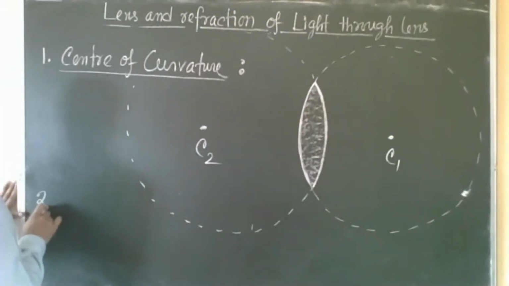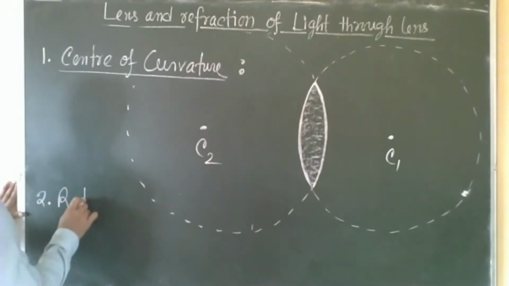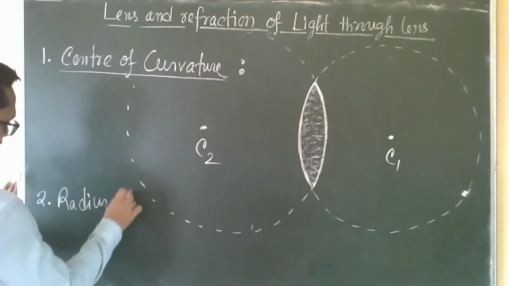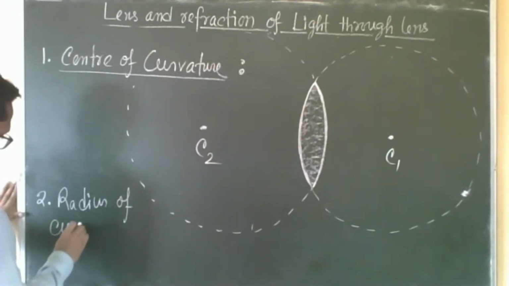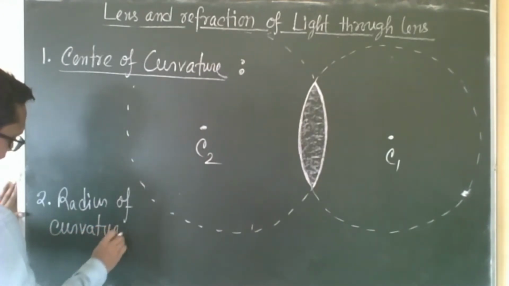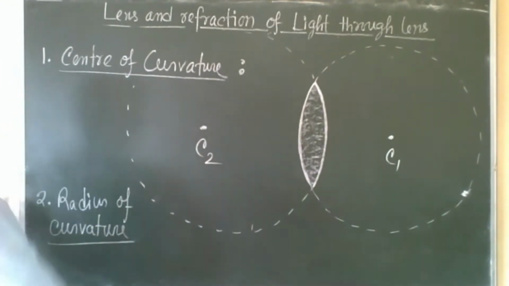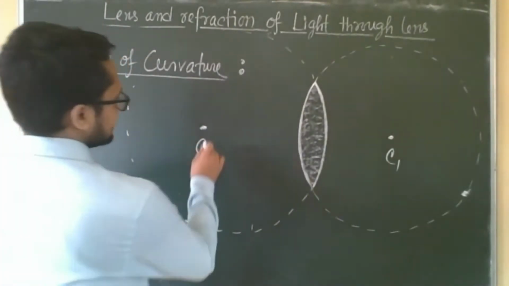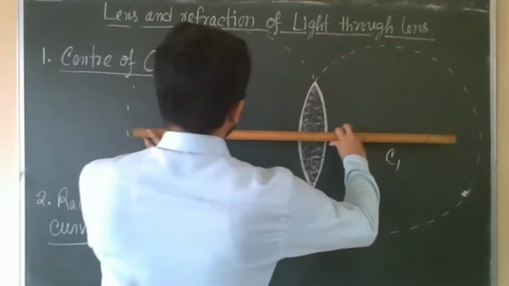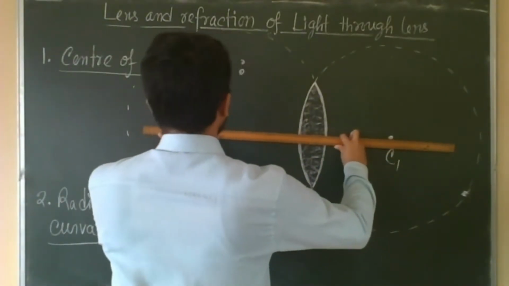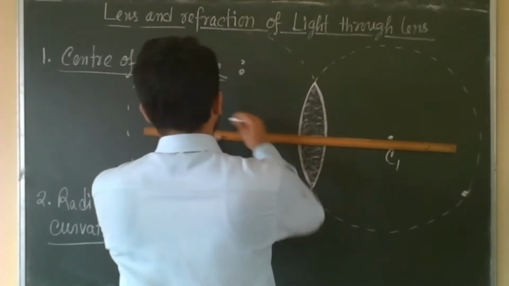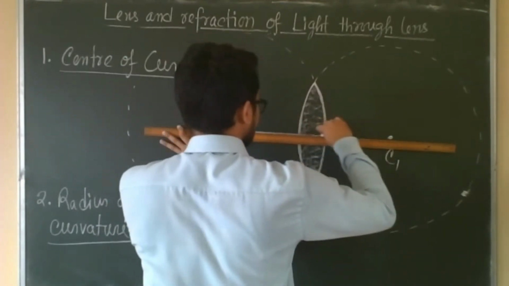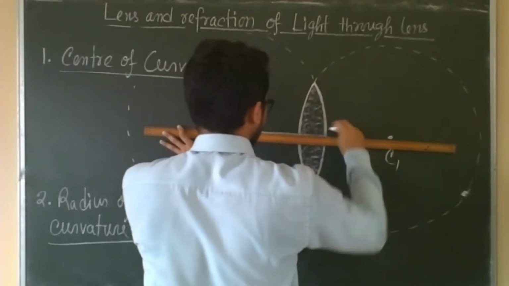Second, radius of curvature. This is the center, so this is the radius of this sphere.